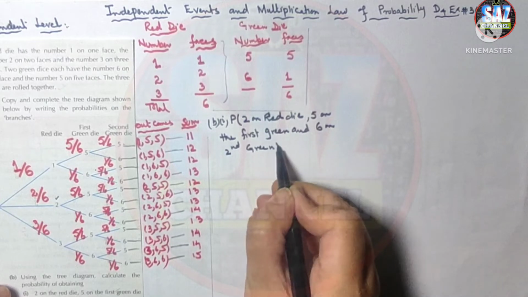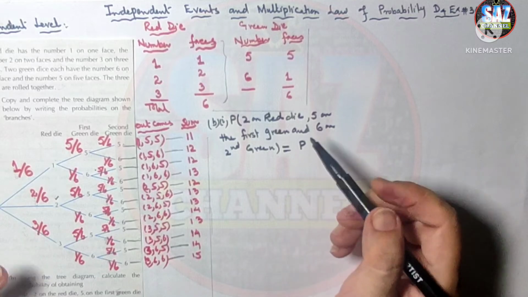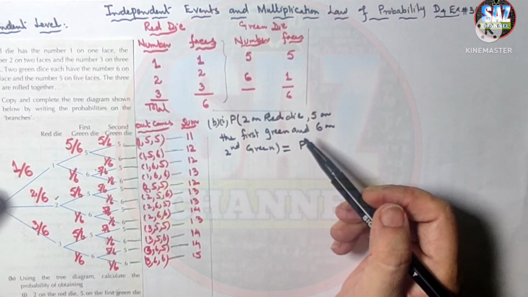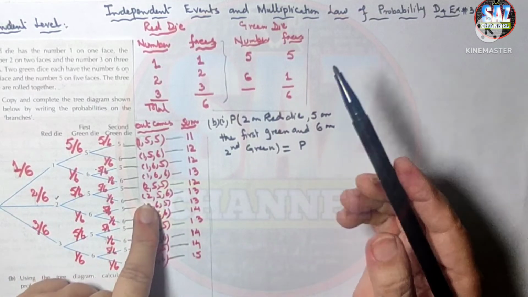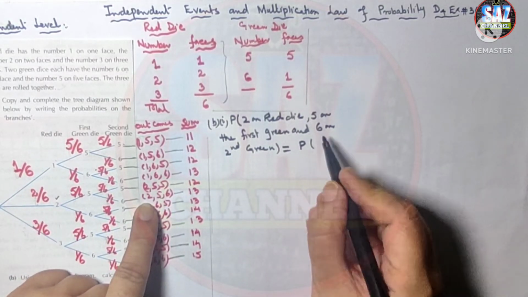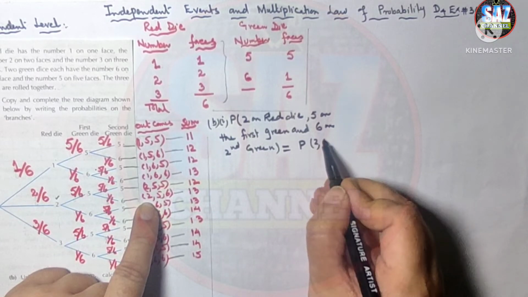So the restriction is that 2 must be on the red dice, 5 on the first green, and 6.